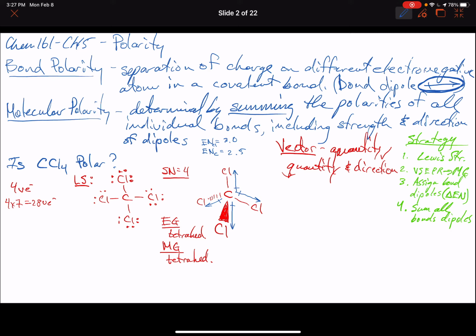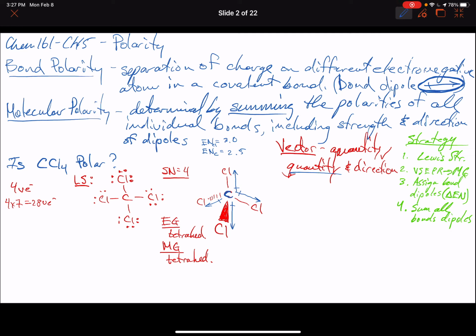And now we consider how these sum up together. So given that there's a separation of charge that's equal in magnitude between the central carbon to the periphery chlorine, and that is happening in the exact same quantity to each chlorine atom, we then consider if the angles around the three-dimensional space of the central carbon permit these to cancel out.